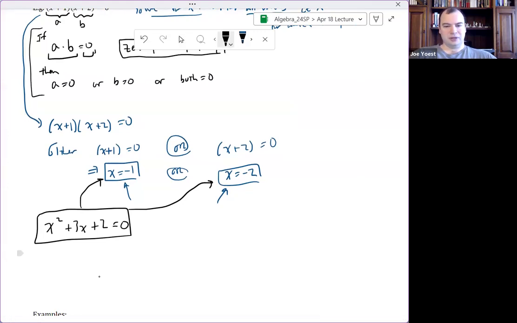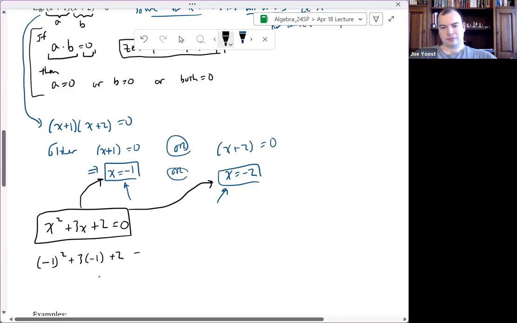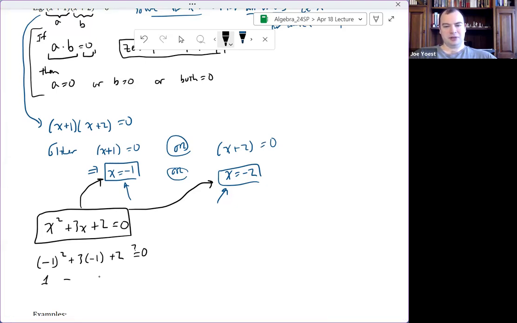Why is that? Well, let me try plugging them in. Well, -1 squared is +1. 3 times -1 is -3. Plus 2, 1 plus 2 is 3, minus 3 is indeed 0.